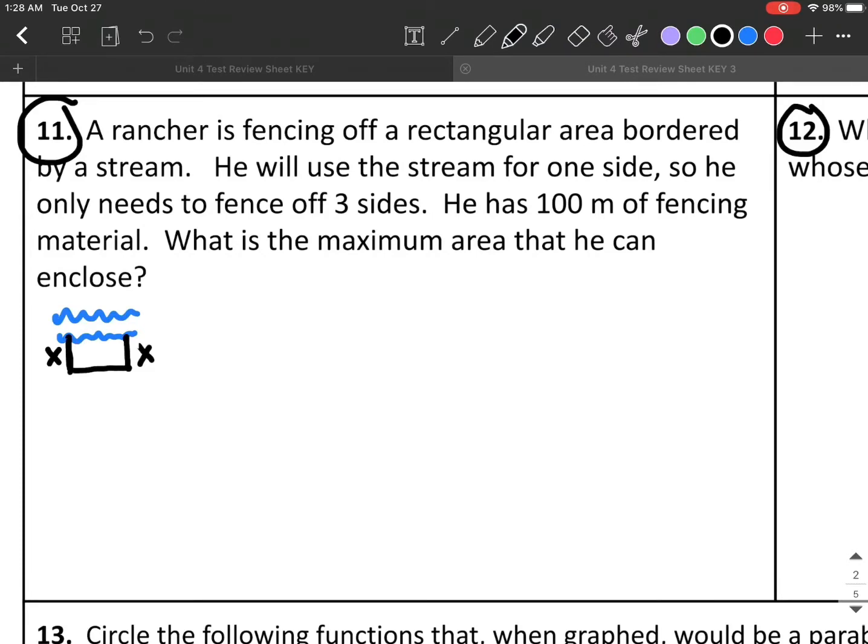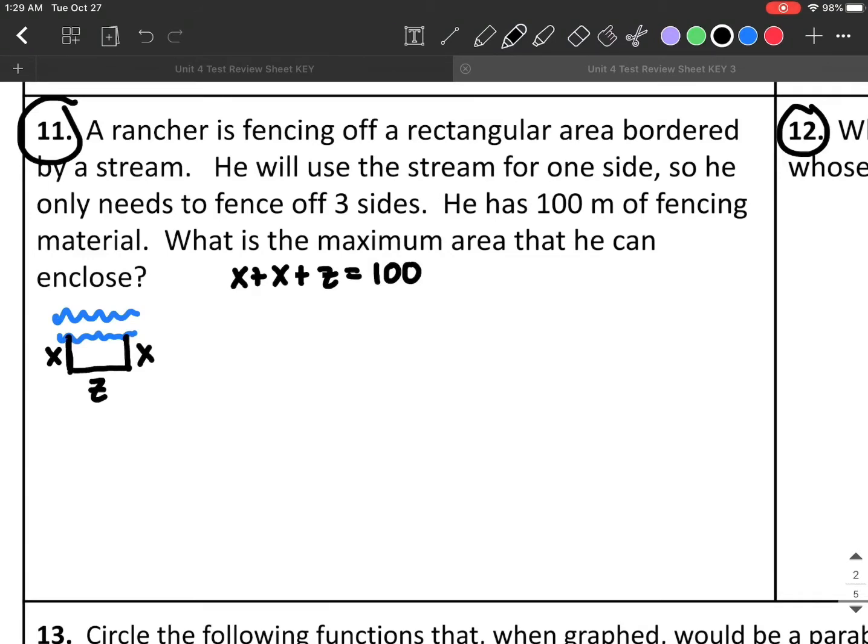So the length of the rectangle, I'm going to say it's z. So what I have so far is x plus x plus z, that with the information I was given, can total 100 meters. If I add them all together, it's going to equal 100.